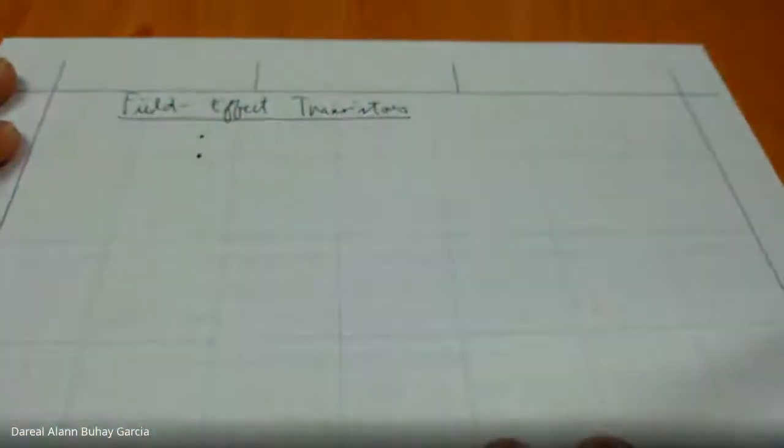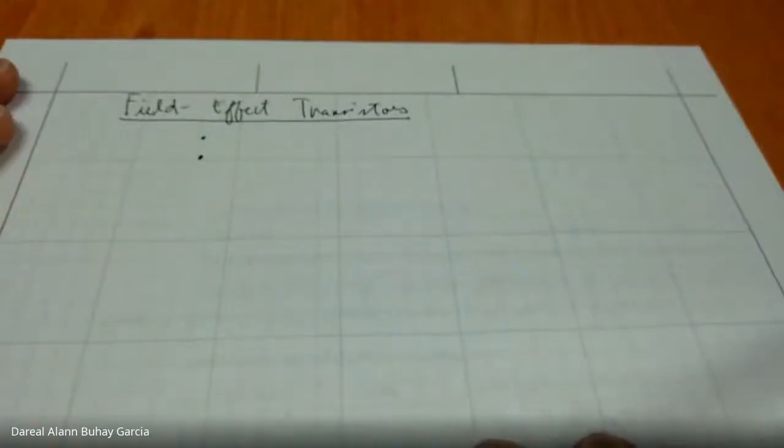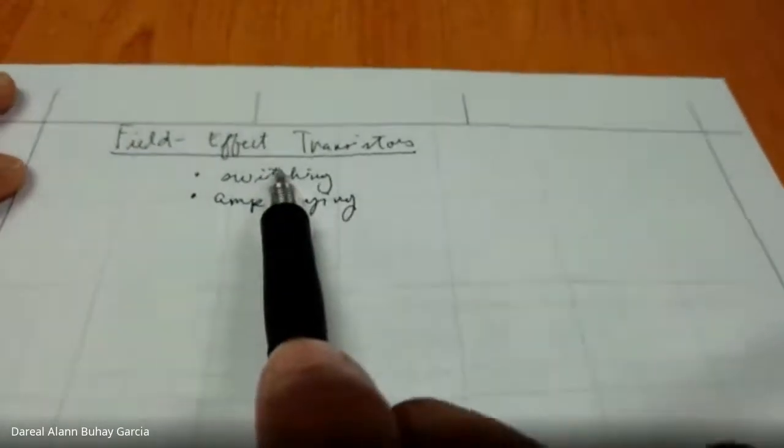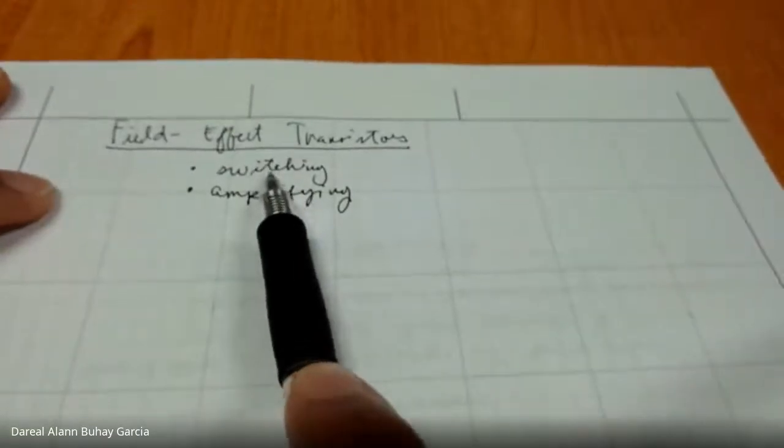So, just a reminder or review: transistors, whether FETs or BJTs, are used mainly for switching and for amplifying. Those are the main purposes of transistors, even BJTs, and even more so FETs.